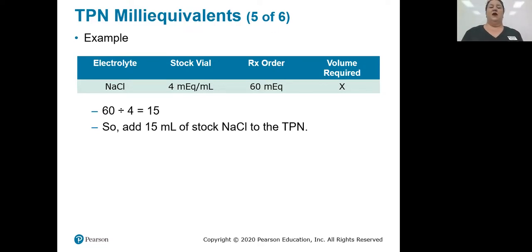So you can literally just take what you want for your order, those 60 milliequivalents, and divide it by the number of milliequivalents in your stock vial, which was 4, only because it's per mL. If it were per 5 mL or per 20 mL, we would have to set up the ratio and proportion and then solve for X. So if you divide 60 by 4, it will come to 15. And so you know that you're going to need 15 milliliters of that stock solution to obtain the strength that the doctor has ordered.